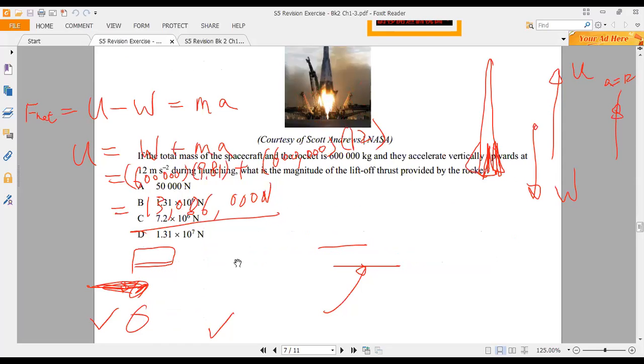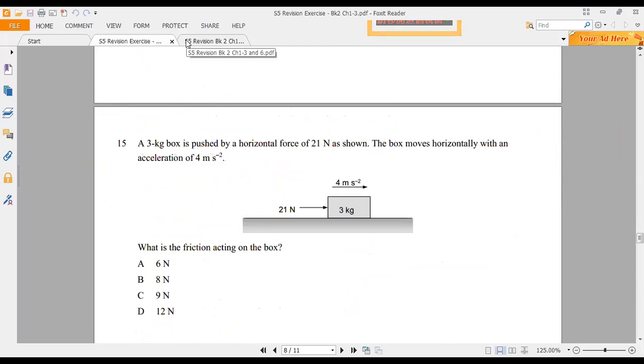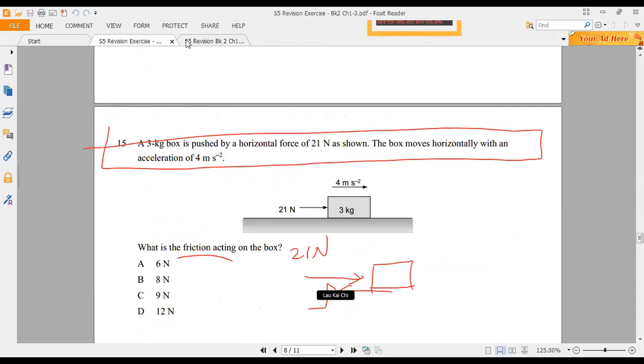Next question. It's a short question. One more question. Maybe you may see. So now this question is saying a very simple situation. I have a force forward 21 Newton, and there is a friction acting on it. In fact, there is also weight and normal force, but sometimes we don't need to care about that because we are talking about horizontal motion only.